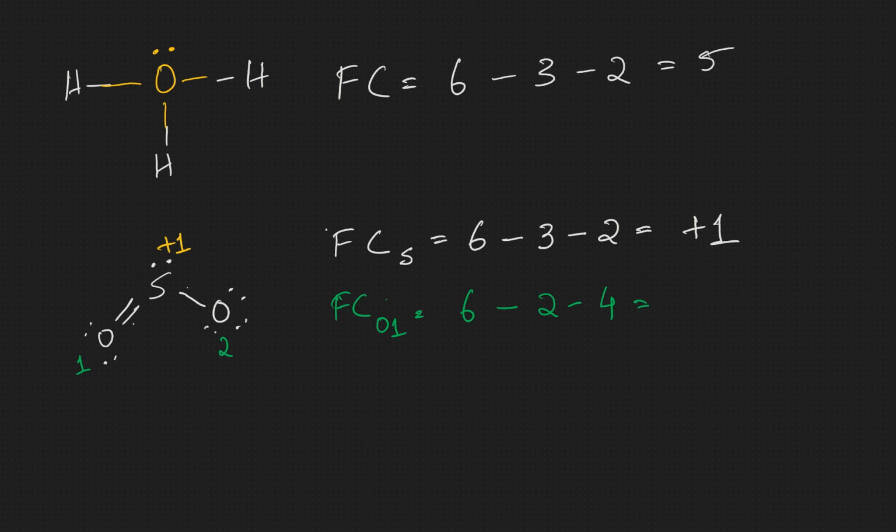So 6 minus 6 equals 0. The formal charge on oxygen 2 is equal to 6 minus 1 minus 6, that is minus 1.